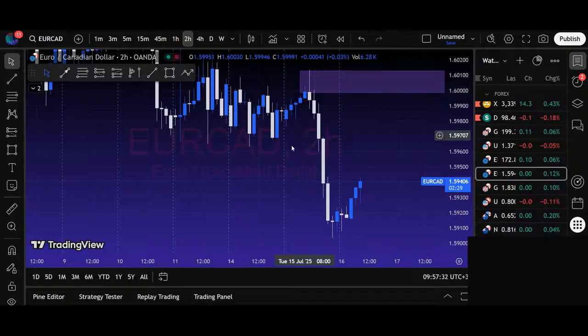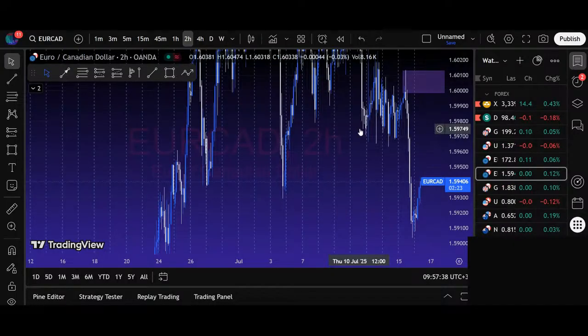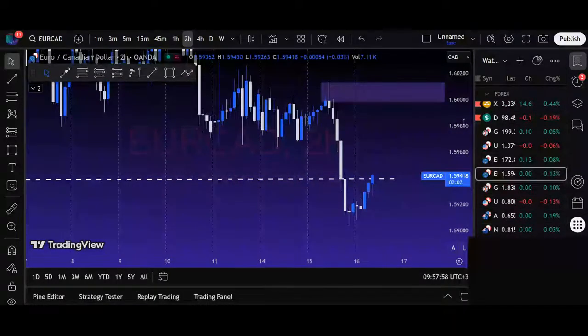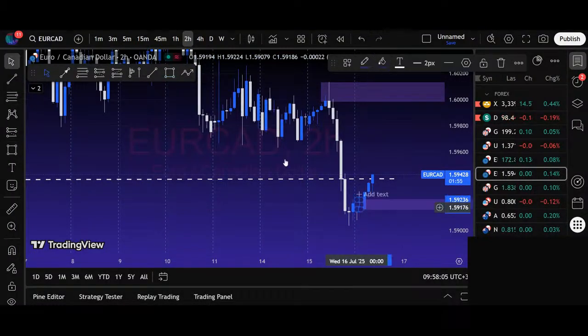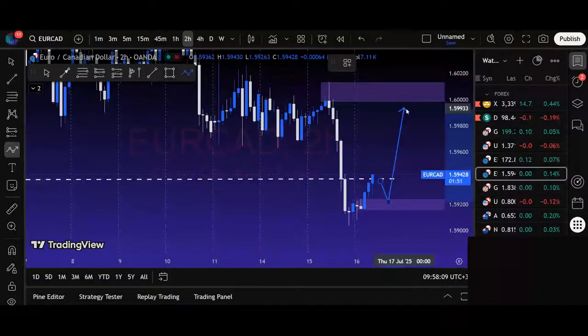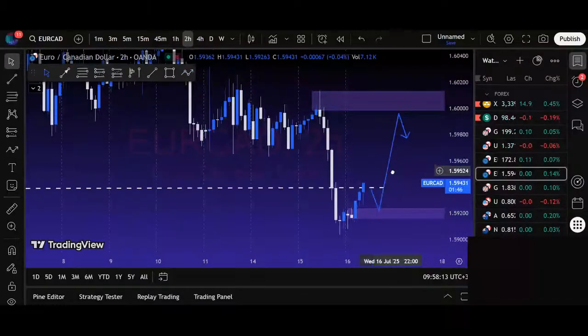Target these highs. If you're buying again, wait for price to retest around this place here. Wait for price to give you an entry, then buy, target here before getting such moves.